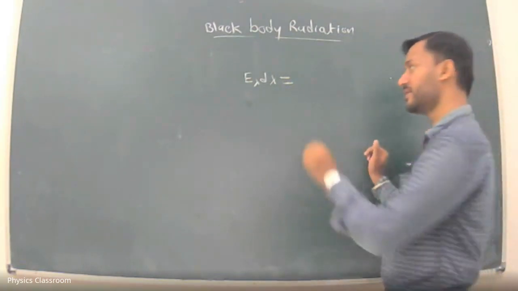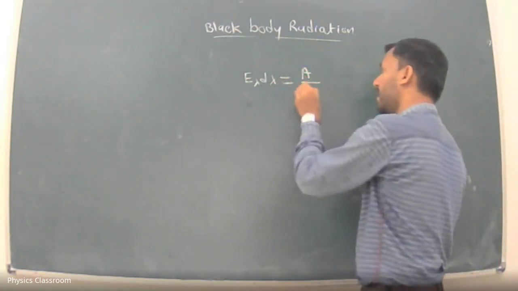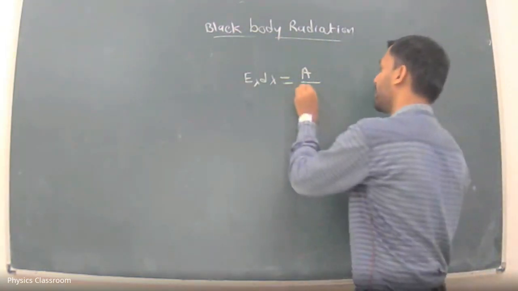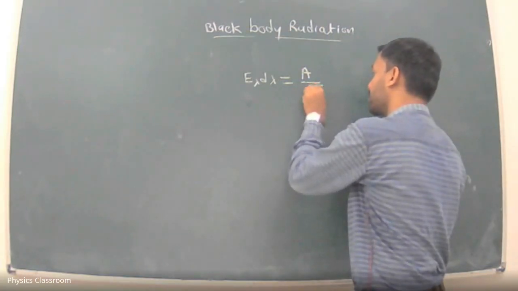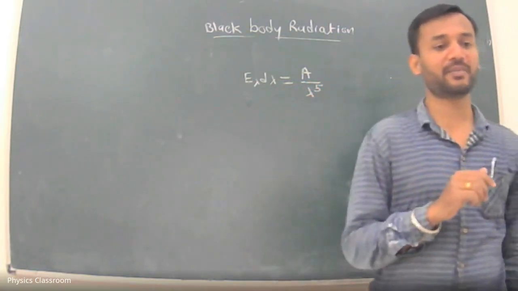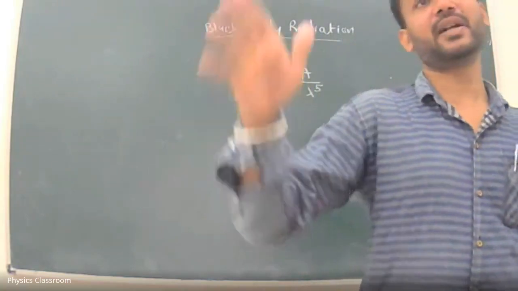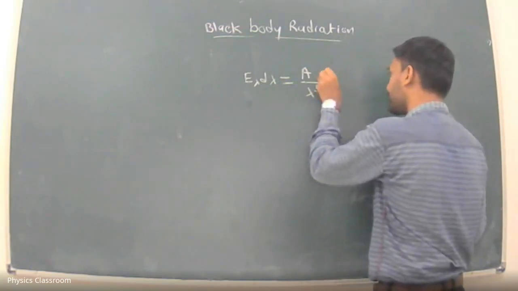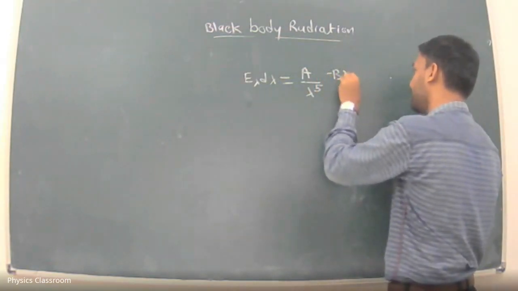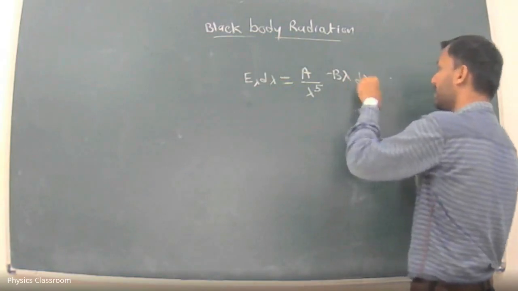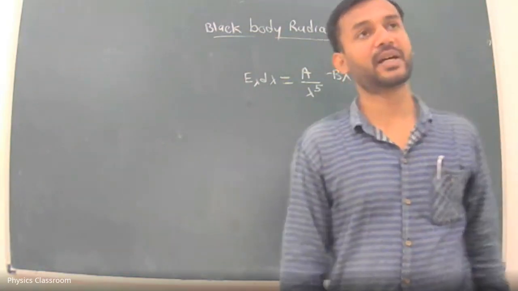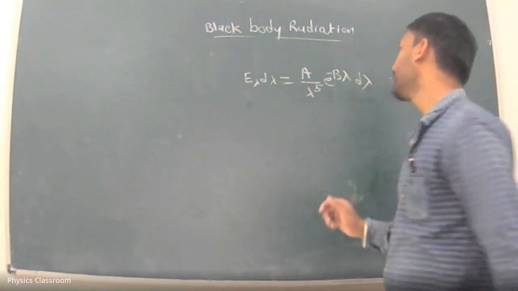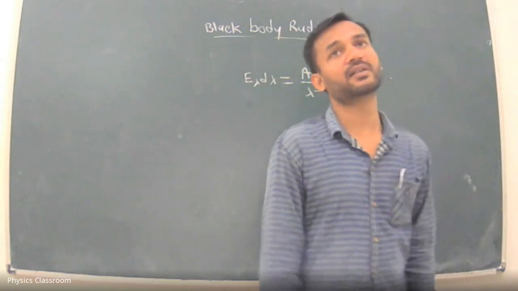E lambda d lambda is equal to A divided by lambda raised to 5, into e raised to minus beta upon lambda T, d lambda. It is the exponential phenomenon.